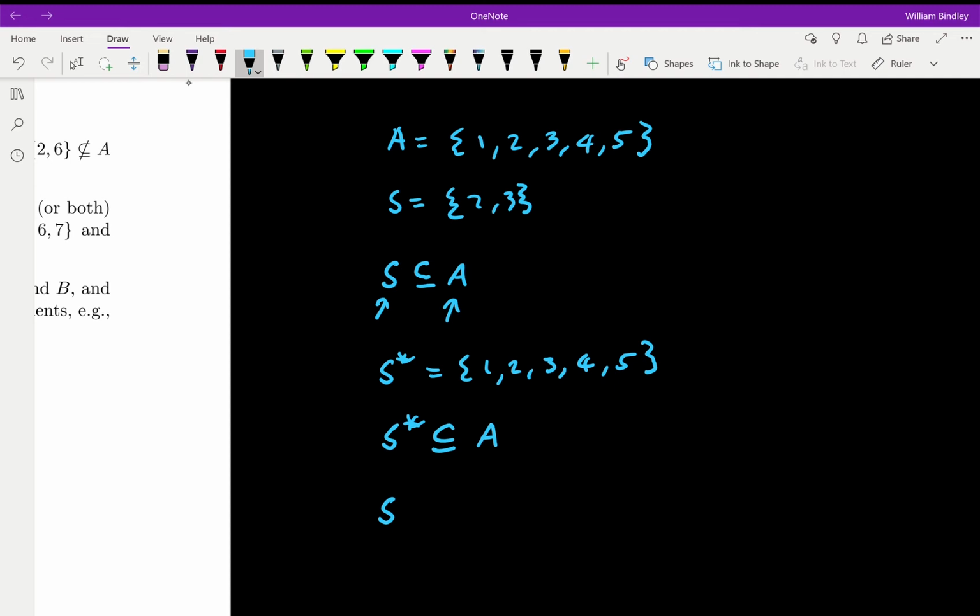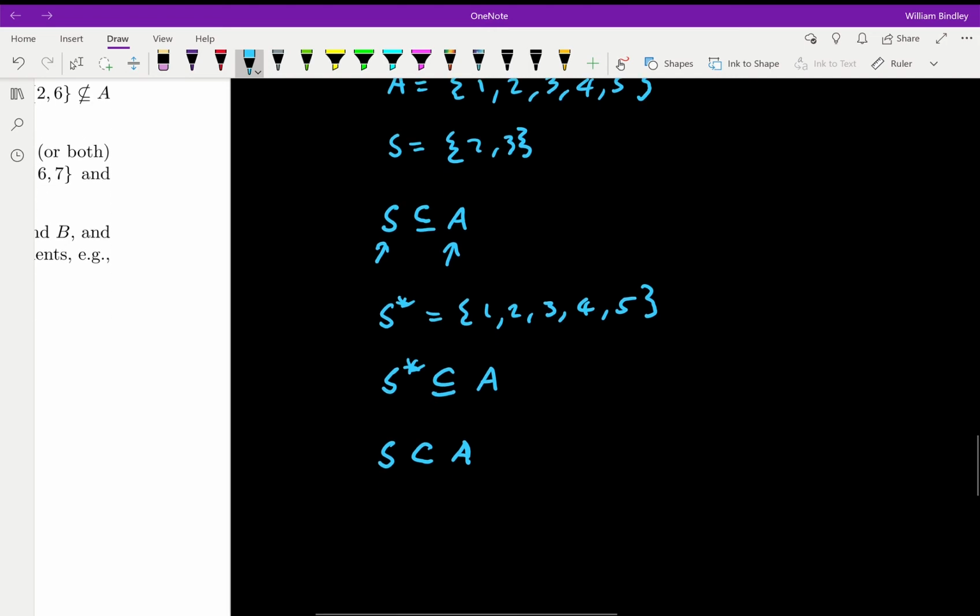Okay, we would also be justified in just writing this: S is a subset of A without the line underneath. And leaving out that line underneath just means S is a subset of A, but S is not equal to A. Okay, so in that case, we would say S is a proper subset of A. So in this case, every element that is in S is also in A, but there are some elements in A that don't appear in S. So the situation would be like this.